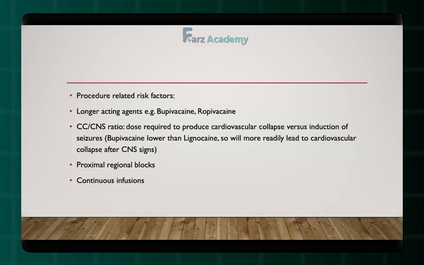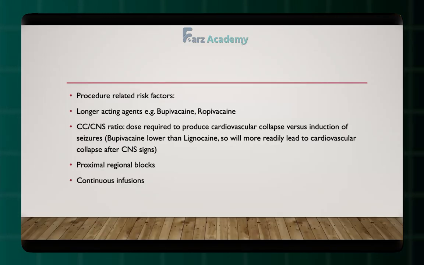Now, procedure-related risk factors, for example, longer-acting agents such as bupivacaine and ropivacaine. CC to CNS ratio, where CC is cardiovascular collapse, is the ratio of the dose required to produce cardiovascular collapse versus induction of seizures. Bupivacaine has a lower ratio than lignocaine, so will more readily lead to cardiovascular collapse after CNS signs.